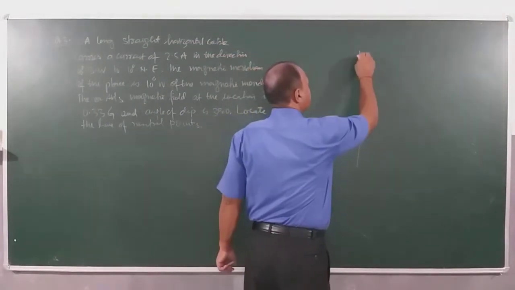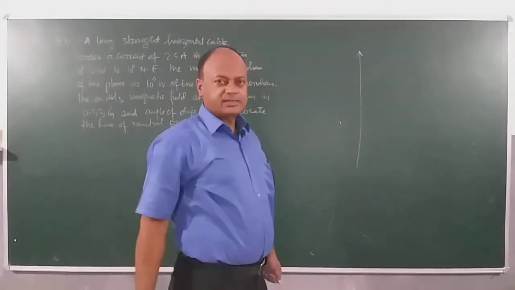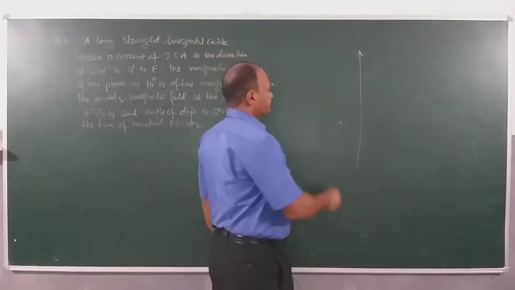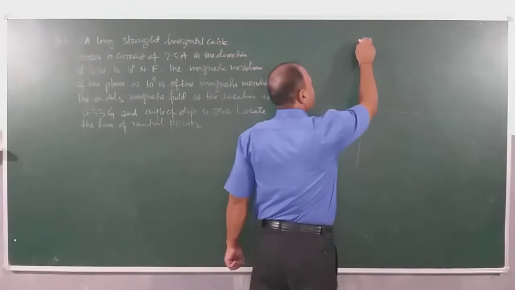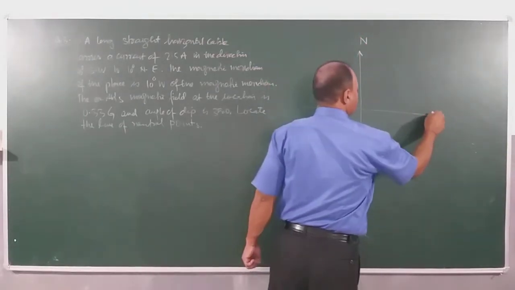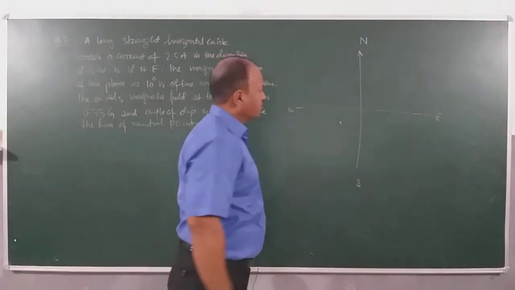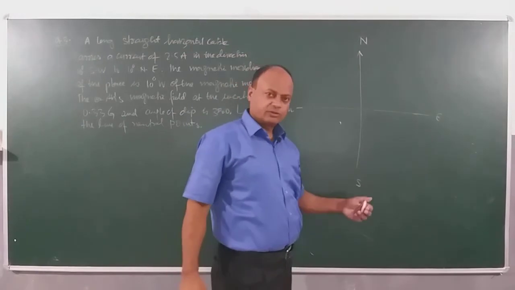This is the geographic axis. We have north, south, this is east and this is west. So this is geographic north south.